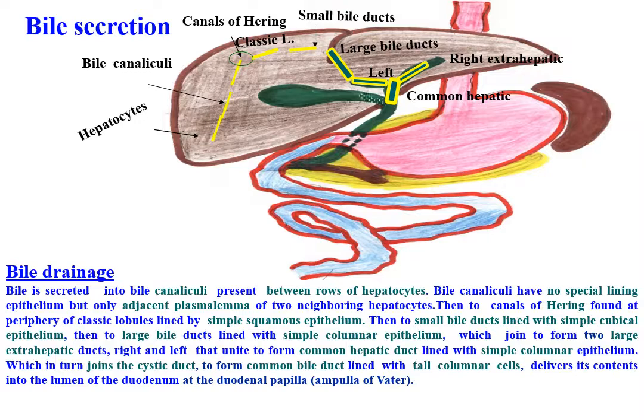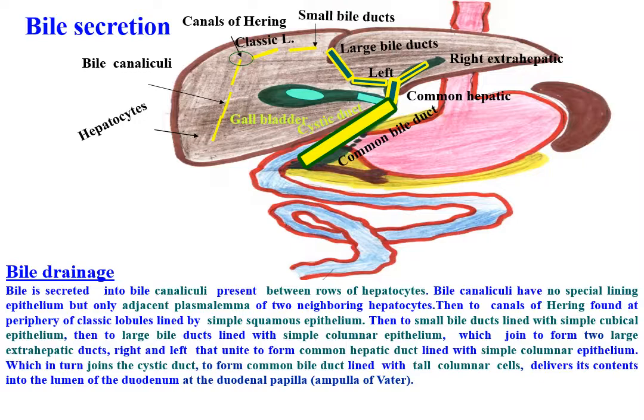It is joined by the cystic duct coming from the gallbladder. Cystic duct is also lined with simple columnar epithelium. When it joins the common hepatic duct, it forms the common bile duct.